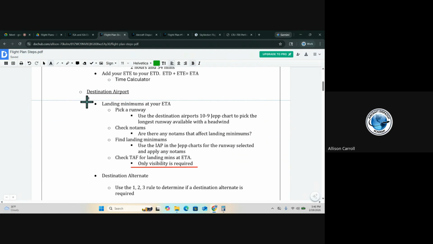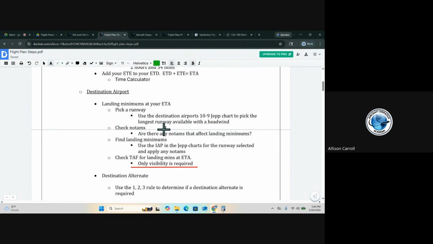Okay, after that, we went into our destination airport because we found our ETA. We picked a runway, right? We went into the jet charts and went to the 10-9 chart. We looked at the runways. We picked a runway that matched up with a headwind, and it was the longest runway available. And then we went into the NOTAMs.